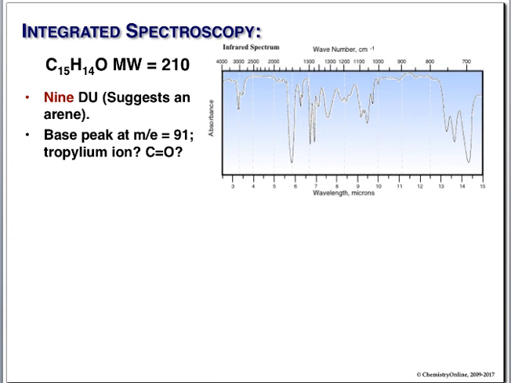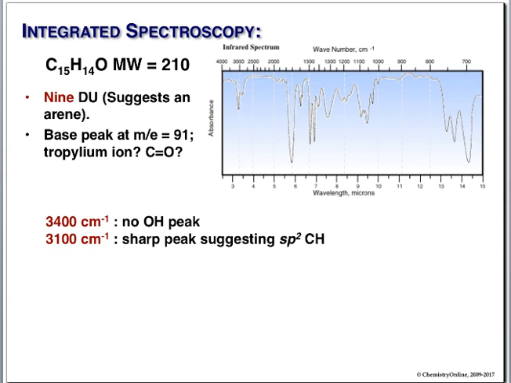All right, starting at 3,400, do we have an OH group? Nope. At 3,100, so on the high side of 3,000, yeah, we got a really nice sp2 CH. At 2,900, we got a little sort of thing, probably an sp3 CH.